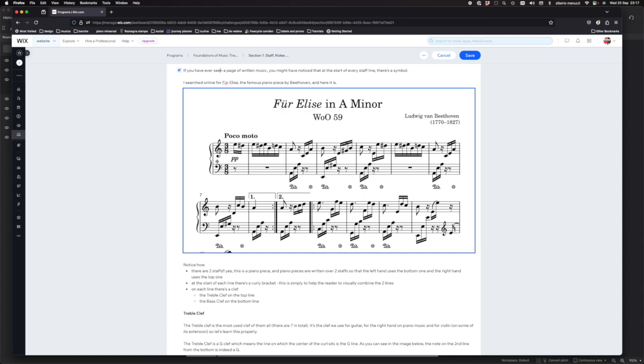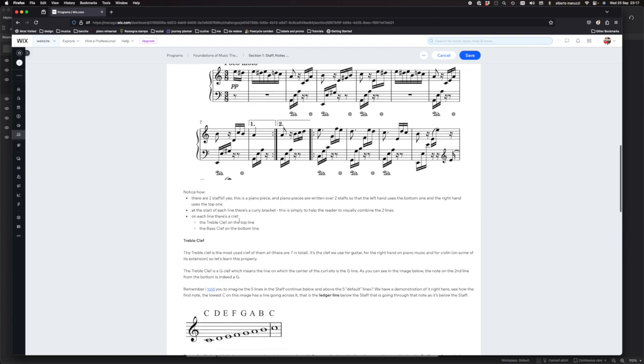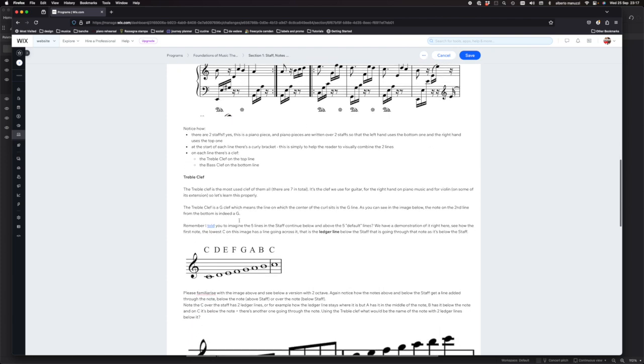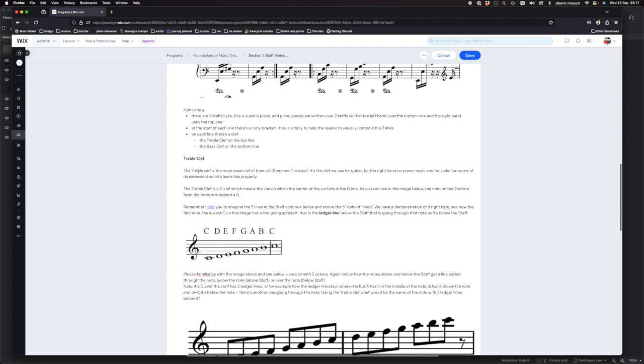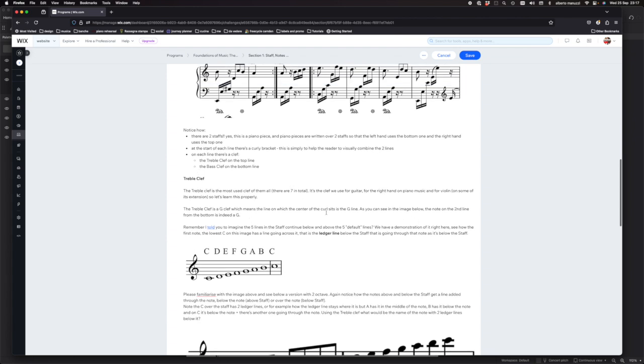Now, the treble clef is a G clef. This means the line on which it sits is the G line. So this 2nd line defines the G.